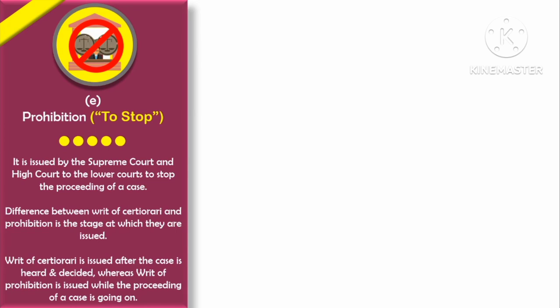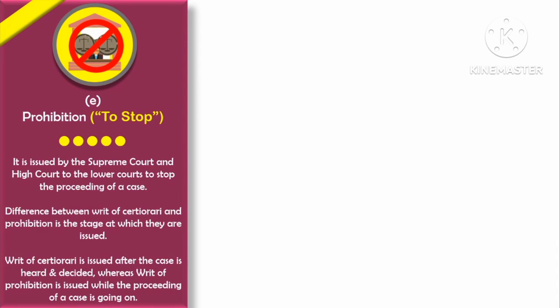The only difference is the stage at which they are issued. A writ of certiorari is issued after the case is heard and decided, to cancel the decision of the lower court, whereas a writ of prohibition is issued while the proceeding of a case is going on.